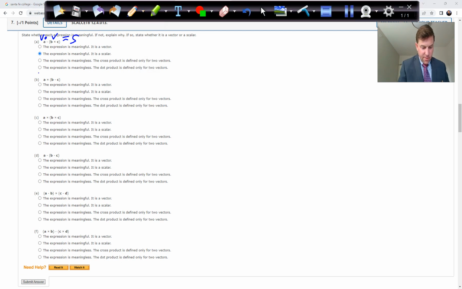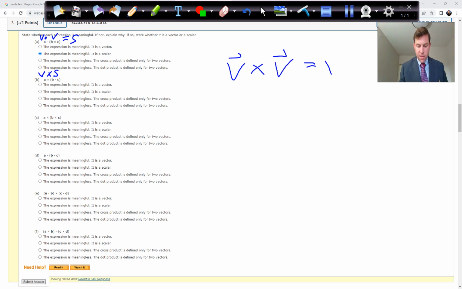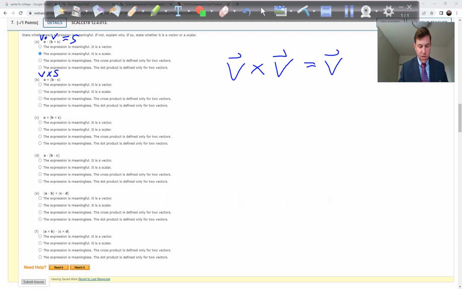We're given a vector and we're crossing it with b dot c, which is going to give you a scalar. Well, with the cross product, you have to use two vectors and you get a vector out. So this one will not have meaning because you can't cross a vector and a scalar. So it is meaningless. The cross product is defined only for two vectors.